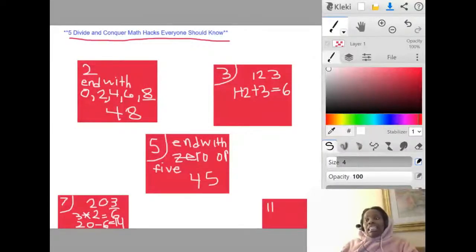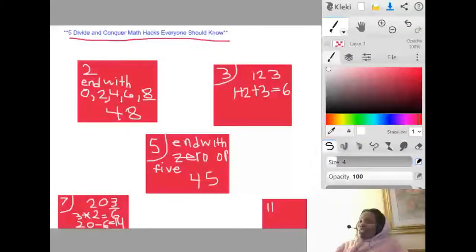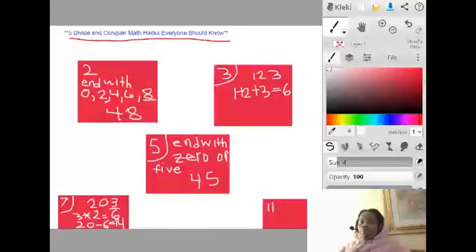Finally, let's look at multiples of 11. When you skip count by 11, you get 11, 22, 33, 44, 55, and so on. Here's the trick. Add the digits in the odd positions.